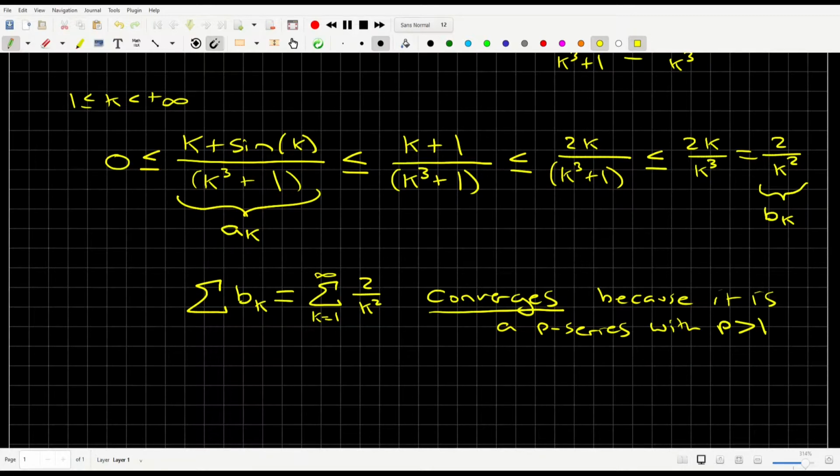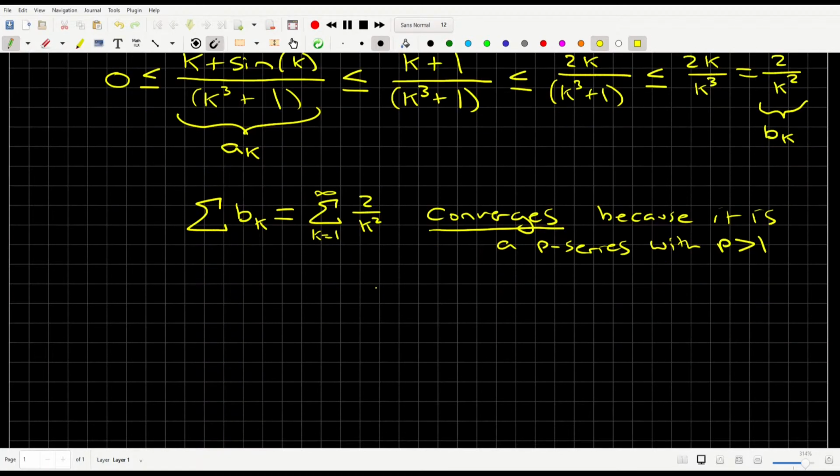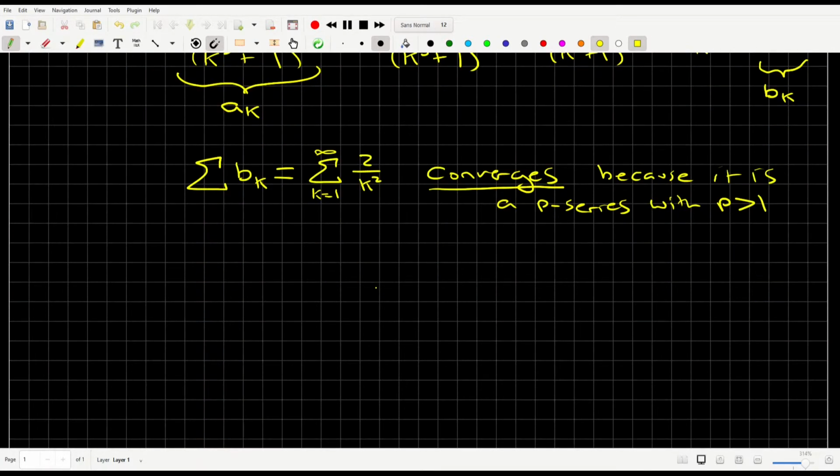The p there is actually equal to 2. So from the integral test, we showed that p-series with p strictly greater than 1 must converge.